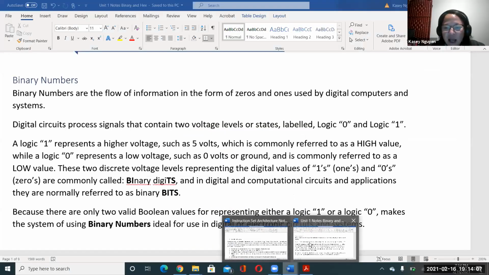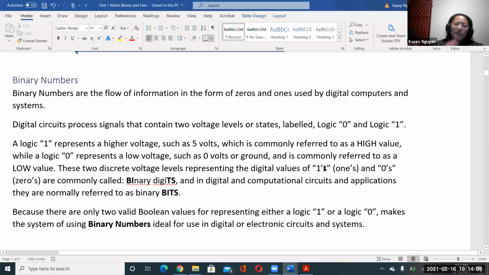Sorry, I got disconnected. Okay, let's go back. So when we were touching on this, a bit is the smallest piece of information that you would have, and bits really stand for binary digits. It's either 0 or 1.